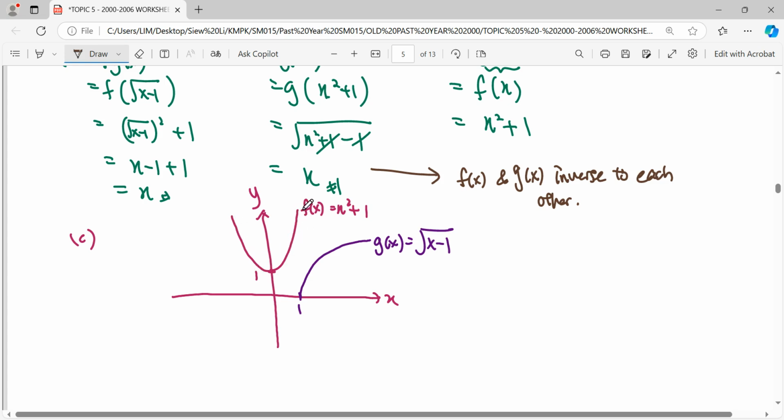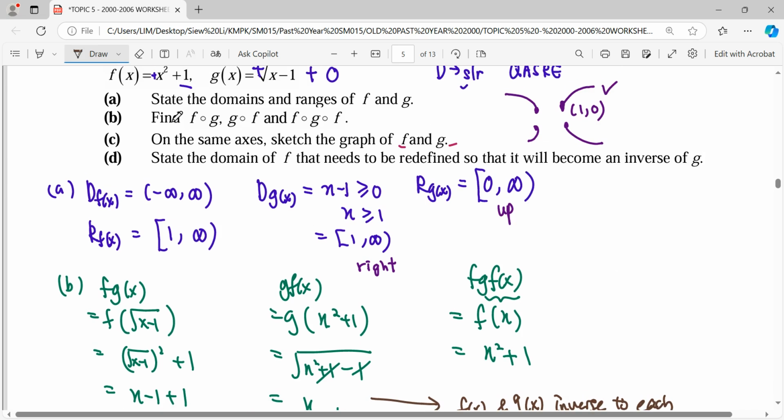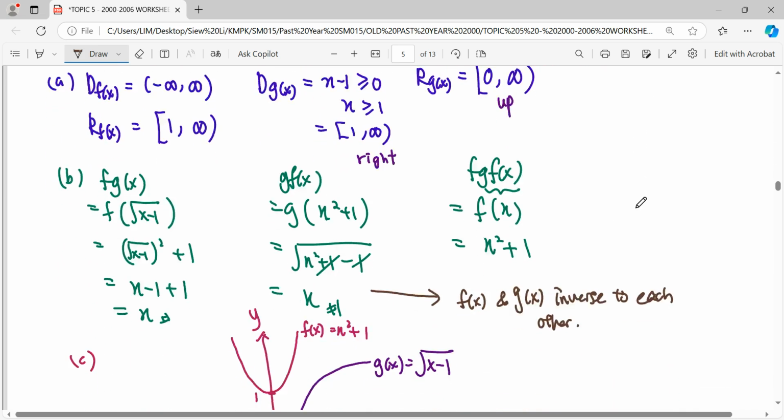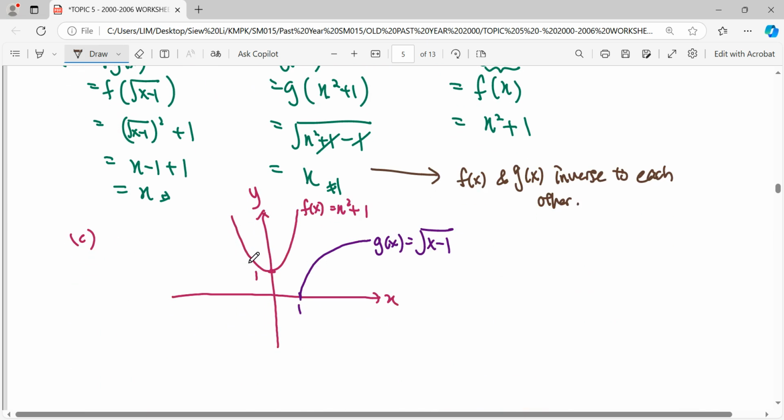When it's not one-to-one, this quadratic cannot have an inverse. Therefore, this question asks you to state the domain so that it can be the inverse of g. It means you want to select the domain from this quadratic so that this domain makes the function one-to-one. If you take the whole quadratic, of course it will not be one-to-one. The only thing we can do is take half of it.